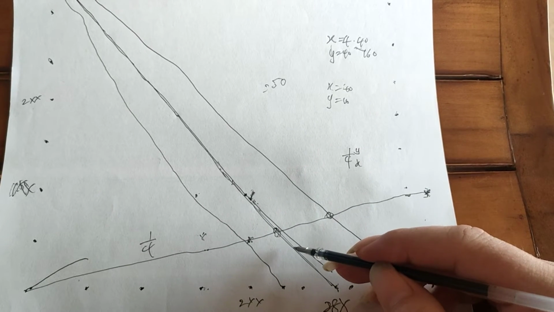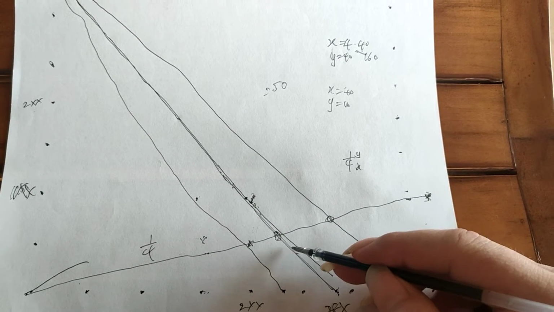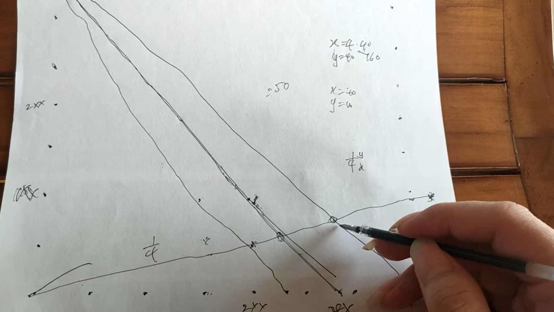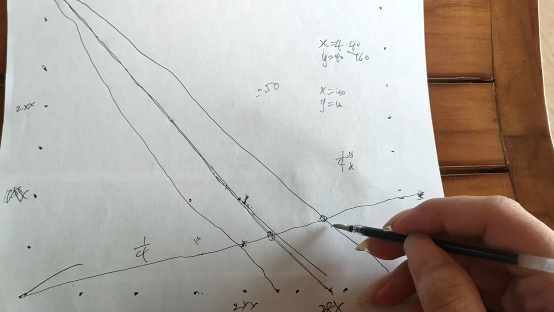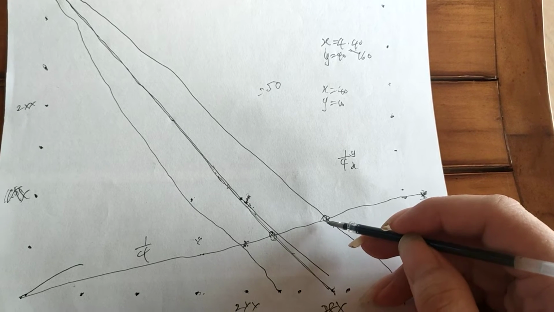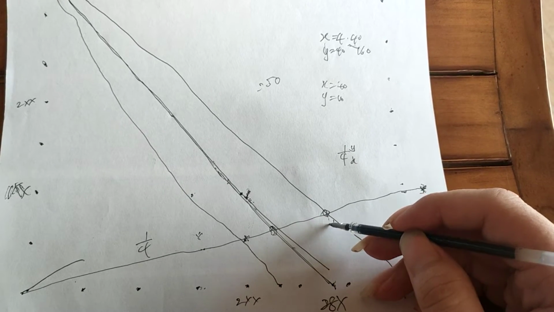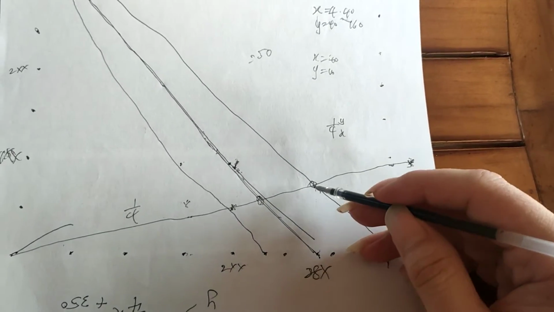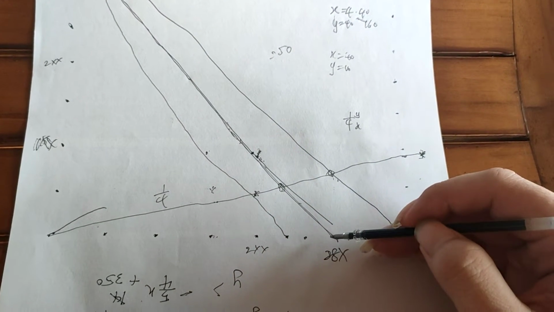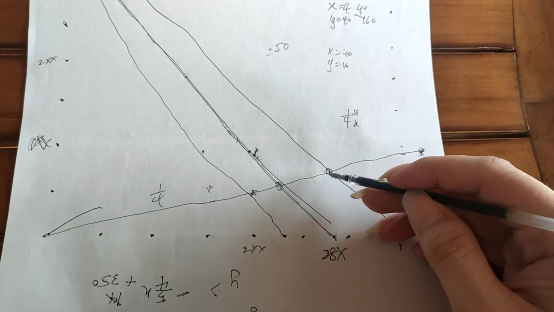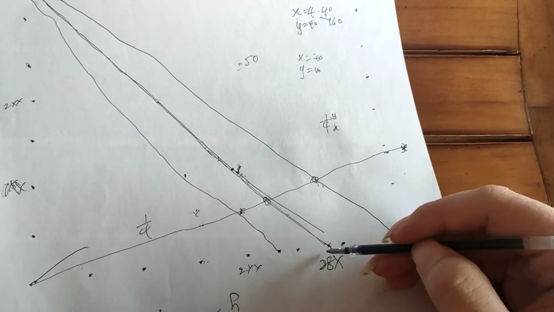This one is the profit point, need to be greater than this profit, and this one is the toys that you make cannot exceed 360. This point will lead to about 270.